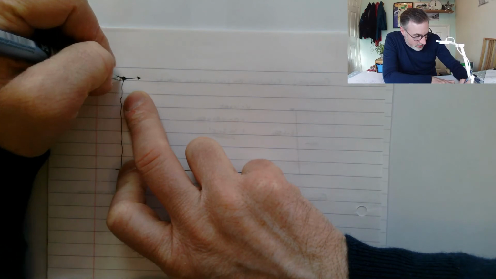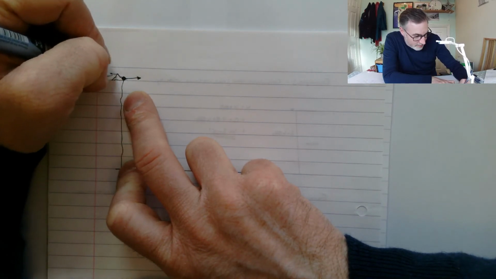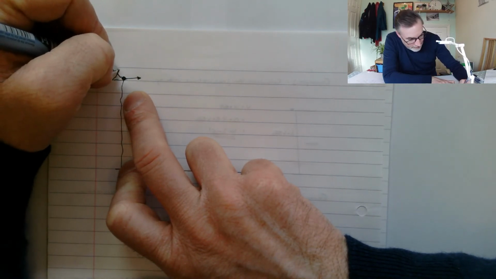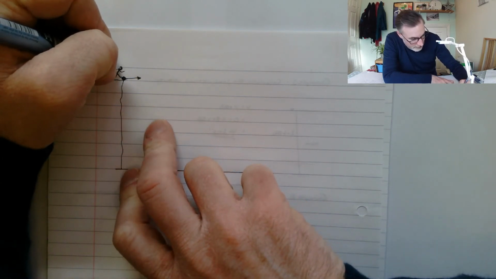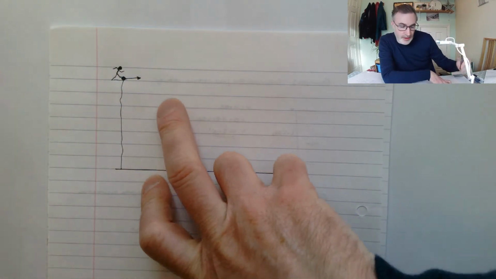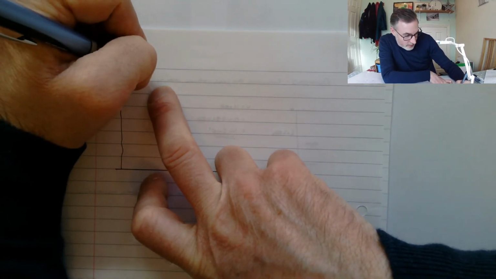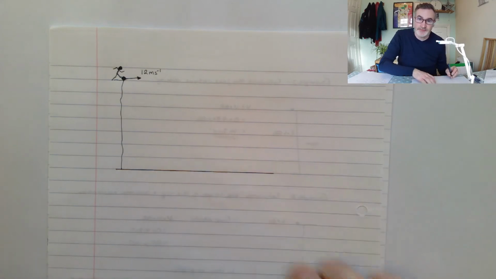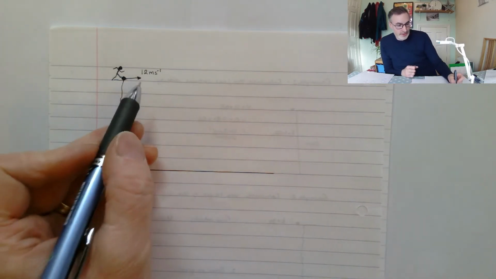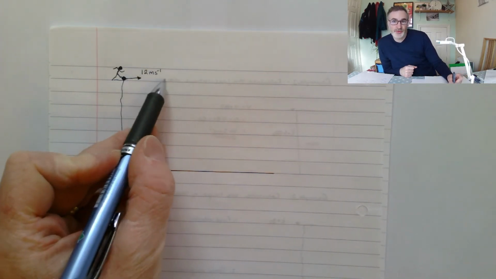Let's just kick it this time. So we're kicking our ball at 12 meters per second. So our initial horizontal velocity is 12 meters per second.